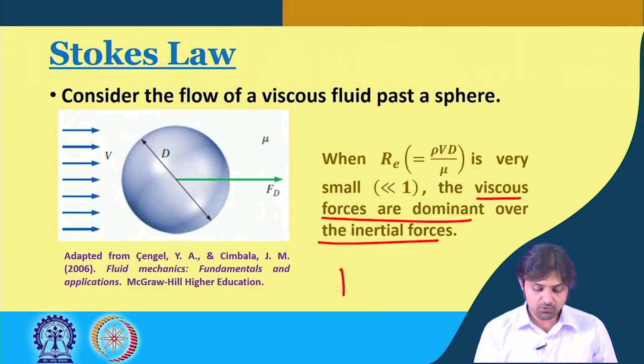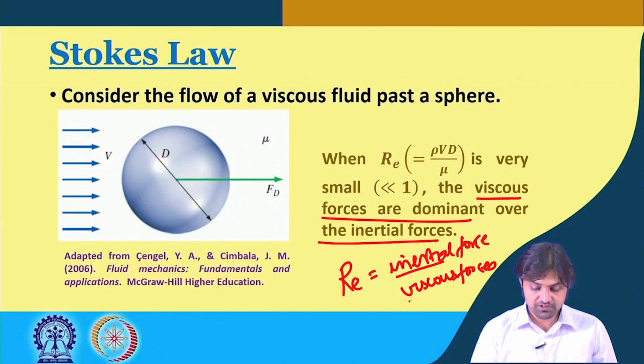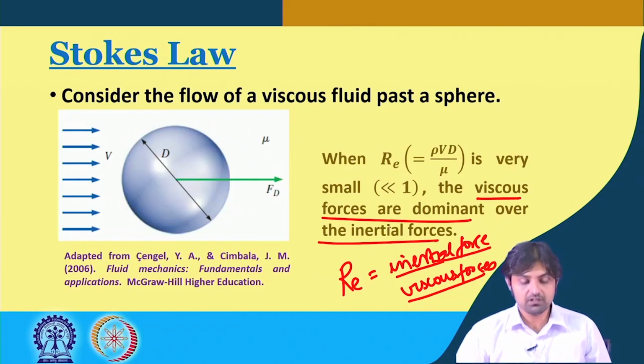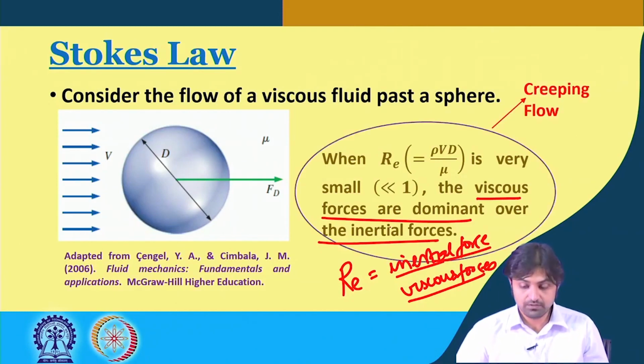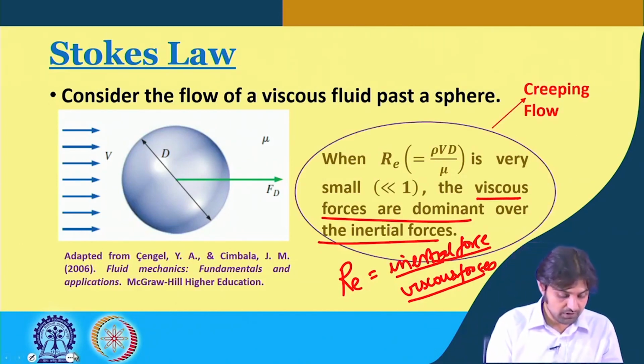But we already know that, right, because Re has the inertial forces in the numerator. So if viscous forces are dominant over inertial forces, then the Reynolds number will be less than 1. This can be seen from the equation as well. This is called creeping flow.